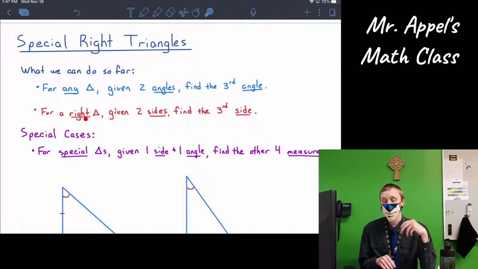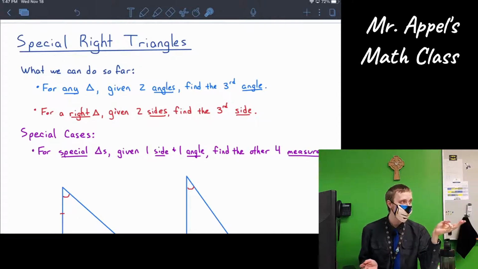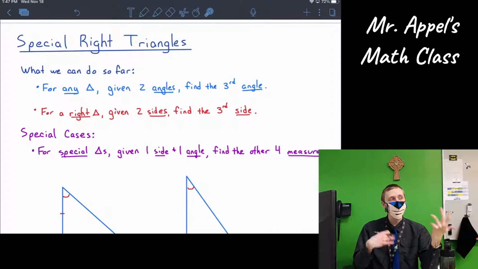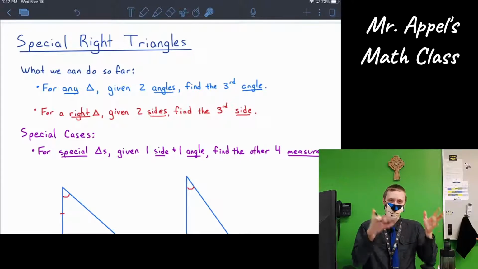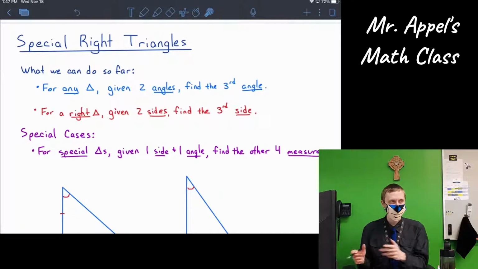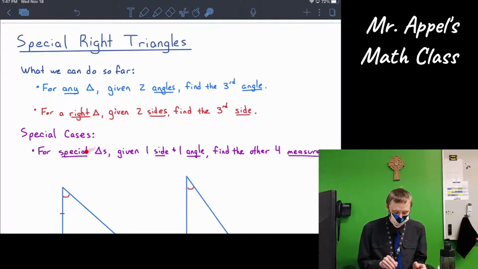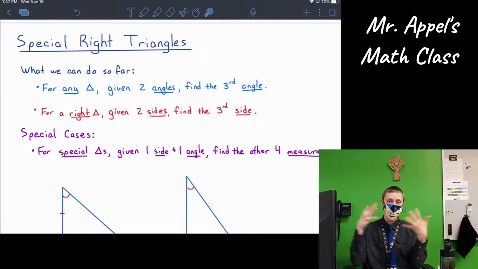And then for a right triangle specifically, we found with Pythagorean theorem, given any two sides, you could find the third side. And that seemed to work out pretty good. And so one combination or the other, though, doesn't really help you. You have to have all angles or all sides. But in these special cases, now we get to intermix the two.